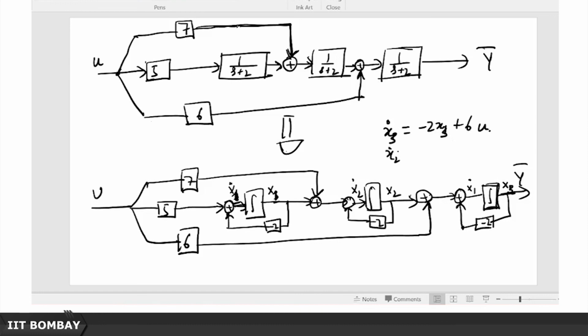What is x2 dot? x2 dot, if you see here, is going to be -2x2, what is coming in here, plus 7u plus x1, and what is x1 dot? x1 dot is, well, -2x1 plus 5u.